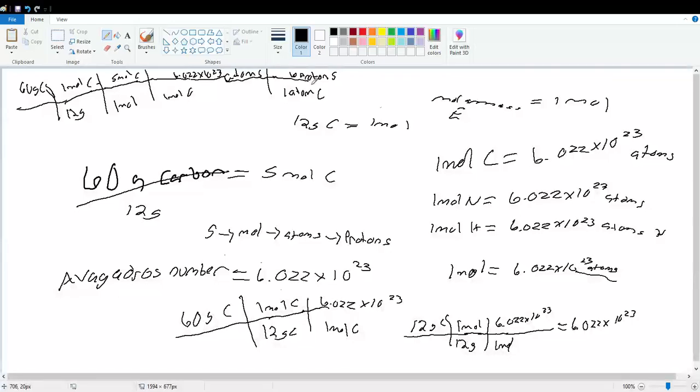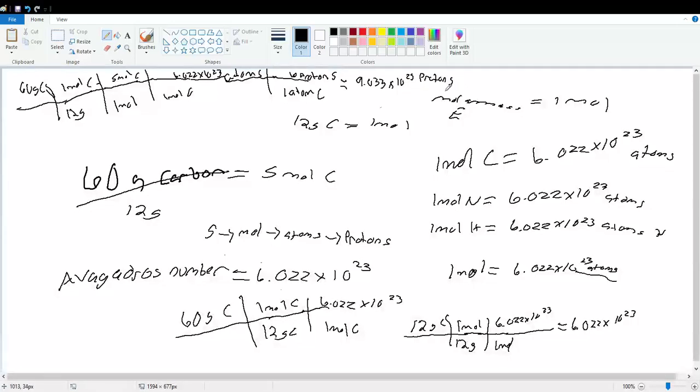Then you divide by the bottom row, which is 12 grams. So top row divided by 12, what would you get? Once you do that, you get 9.033 times 10 to the 25th protons.